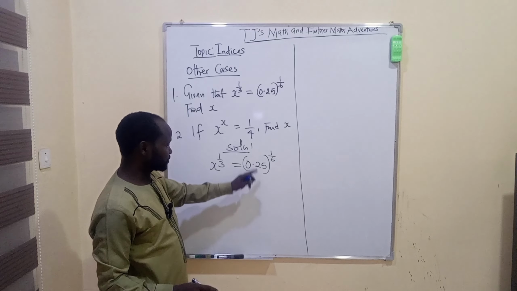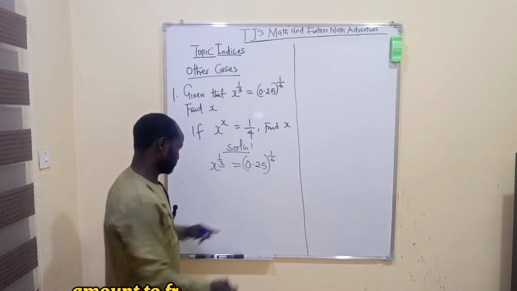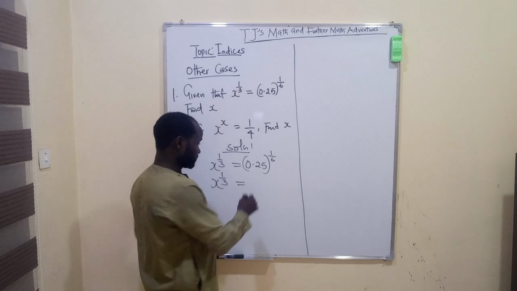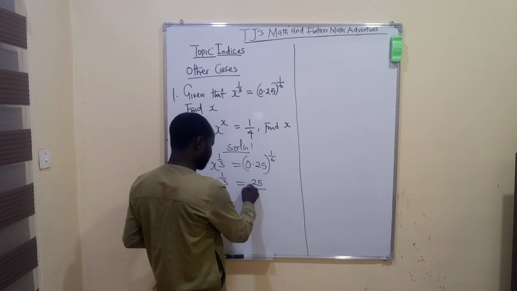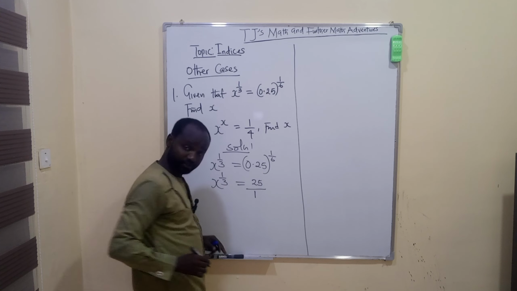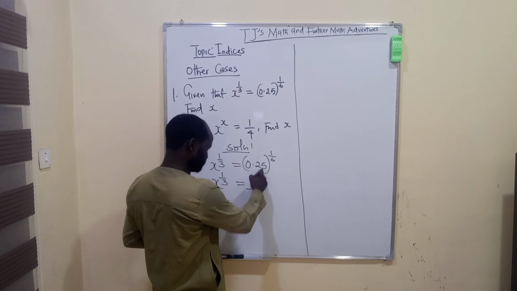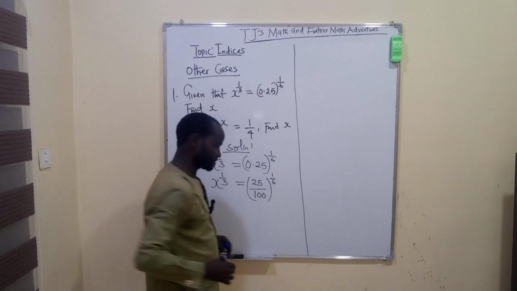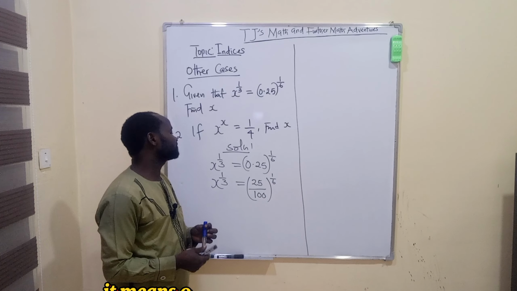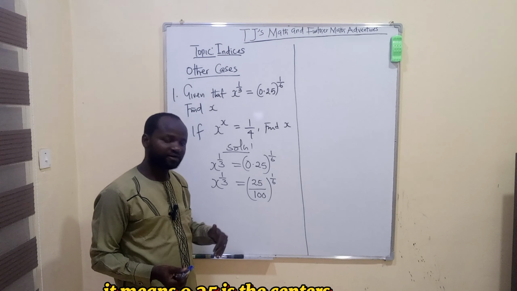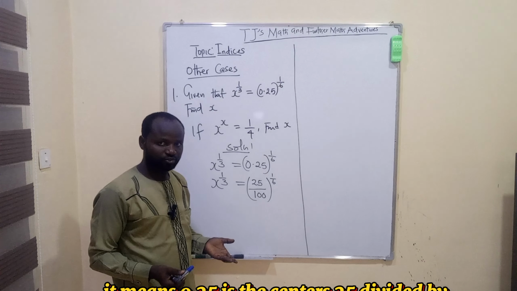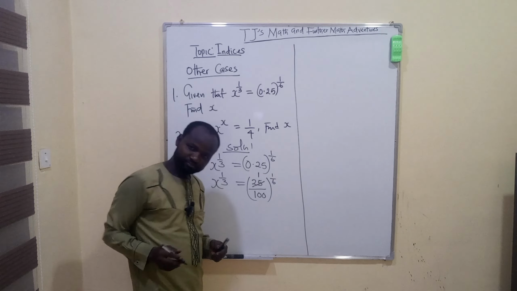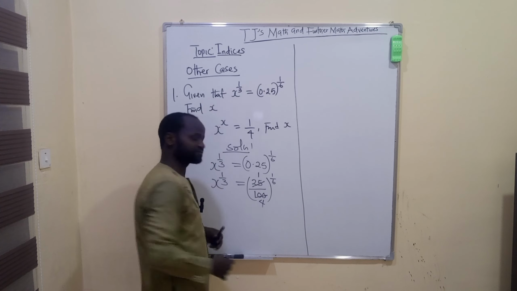The first thing for us to do is to change this decimal to a fraction. 0.25 is the same thing as 25 divided by 100, and we can reduce this. 25 into 100 is 4.